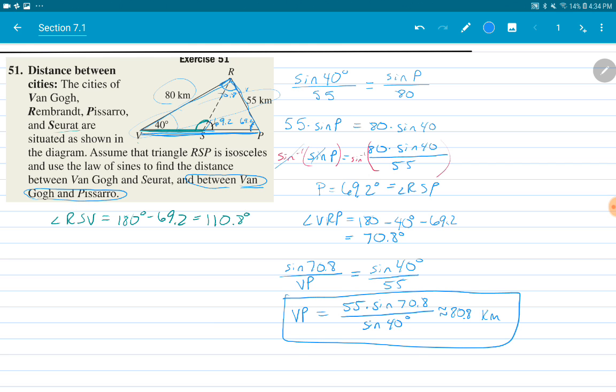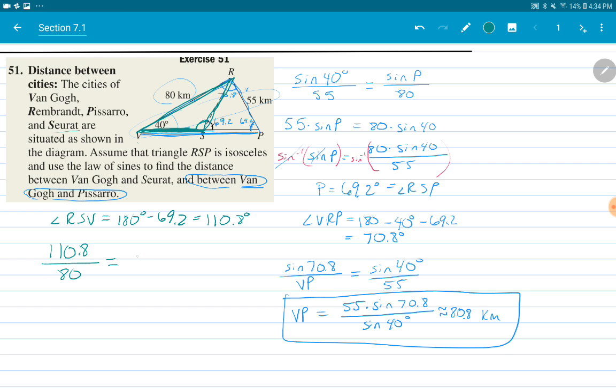Okay, now the other one, the Van Gogh and Seurat, that's that green line. So now we're looking at this green triangle, which has a lot of the same information, except the obtuse version of it. So now we have angle S is now 110.8 across from that 80 kilometers.